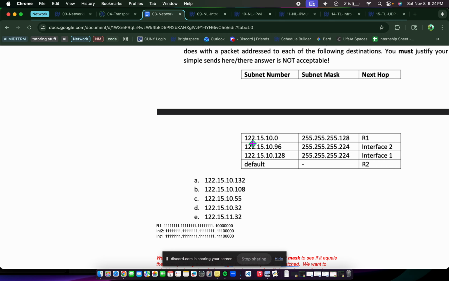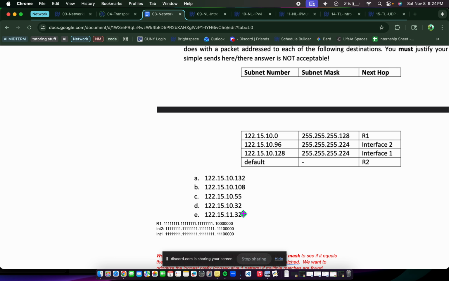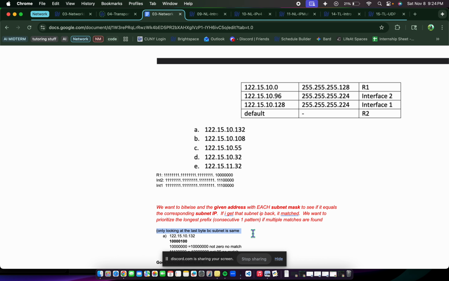And oh wow, look at that: 122, 15, 10. All of these have the first 3 bytes the same. So I'm only looking at the last byte, because if I looked at the others, they're going to be exactly the same, so it doesn't really pay to look at them. Now you'll notice part E has a different subnet, and we'll get to why that one's going to be a special case later on.